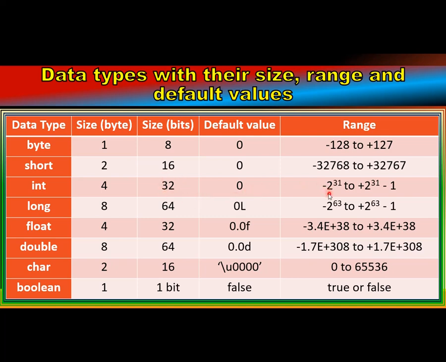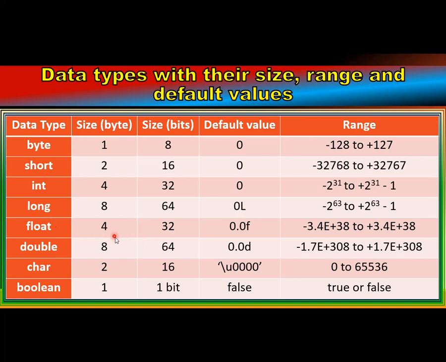Range is minus 2 to the power 31 to plus 2 to the power 31 minus 1. Then long is 8 bytes of memory, so it is 64 bits, and the default value is 0L. L is the suffix used for identification of a long number, and the range is minus 2 to the power 63 to plus 2 to the power 63 minus 1.